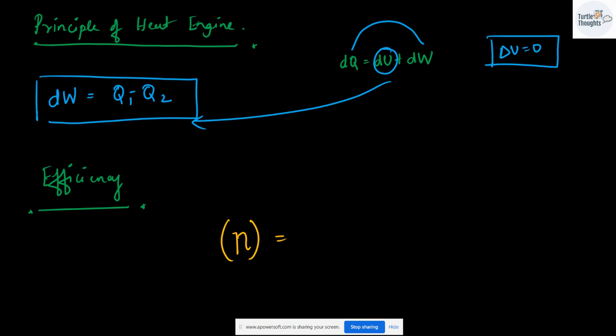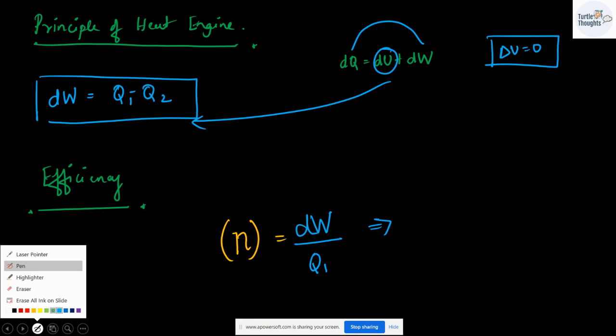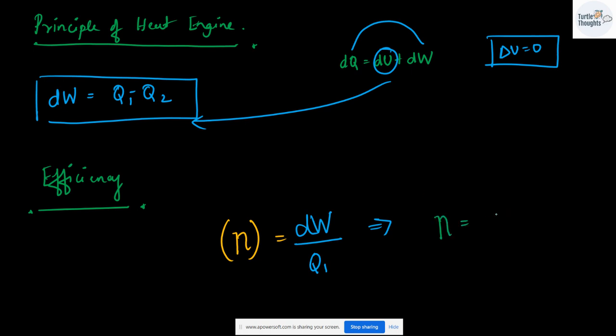So efficiency of the heat engine is the ratio of work done, W or dW, to the total amount of heat absorbed, which is Q1. Now, dW is Q1 minus Q2. So I can write eta, which is your efficiency, as Q1 minus Q2 divided by Q1.